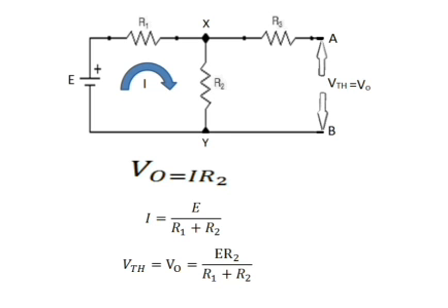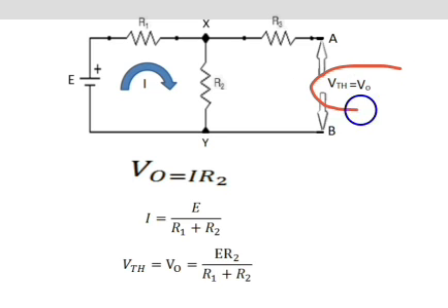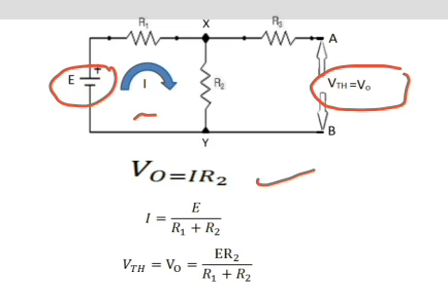That means VO, the voltage across the terminals A and B, equals I into R2. The current I is flowing in this mesh. I equals V by R, that means I equals E, the voltage, divided by R1 plus R2, the total resistance.